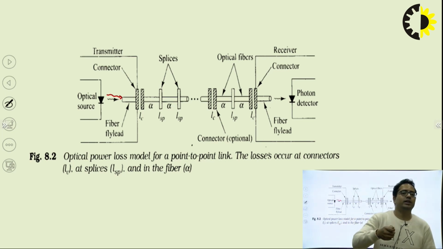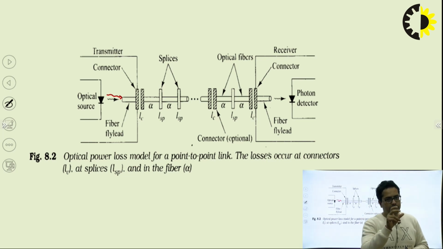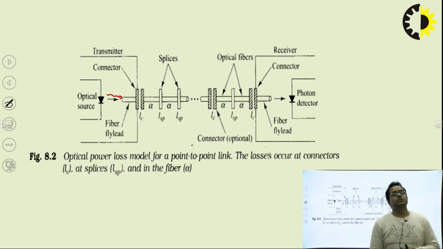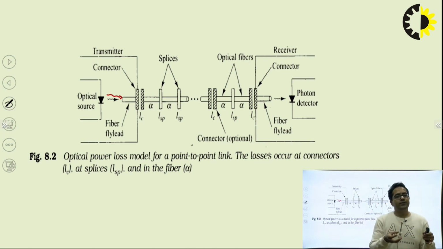It is possible that even though you assume your fiber core is aligned with that point of emission, unintentionally that fiber core might have moved upward. That means most of the optical signal will not couple inside the optical fiber. So in order to efficiently couple that optical wavelength into the fiber, we need a fiber fly lead.